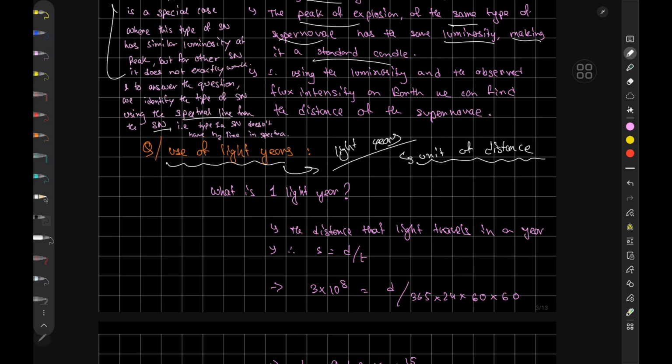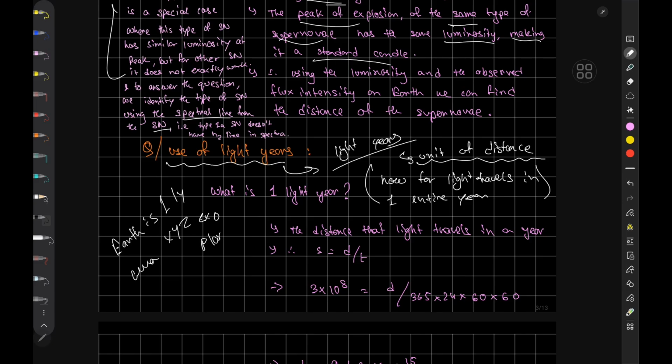So light year is basically saying how far light travels in one entire year. You have heard of these statements. For example, Earth is 1 light year away from, let's say, XYZ exoplanet.